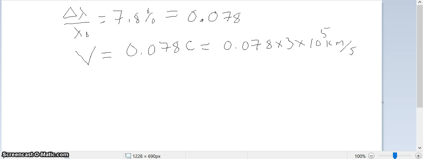We're going to use the Doppler shift formula, right? The distance is equal to the velocity divided by the Hubble constant, and that's the goal.